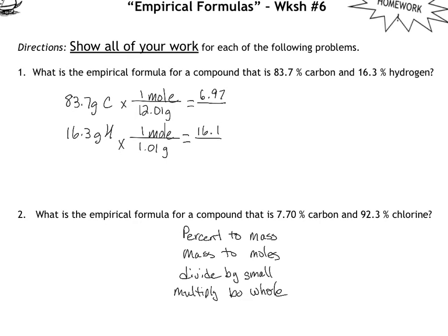Now I'm going to look to see what is my smallest number of moles, because this is going to be moles, because my units have canceled out. Well, 6.97 is smaller than 16.1, so I'm going to divide everything by 6.97.